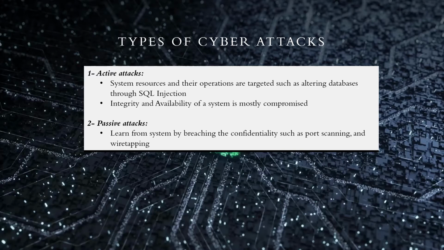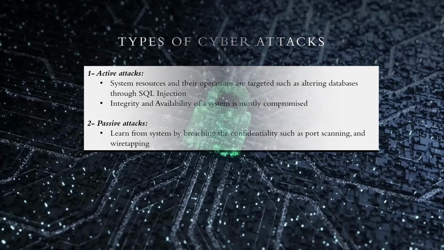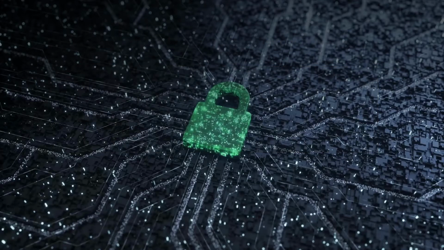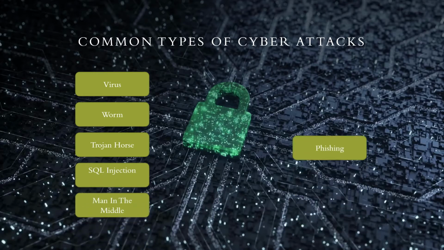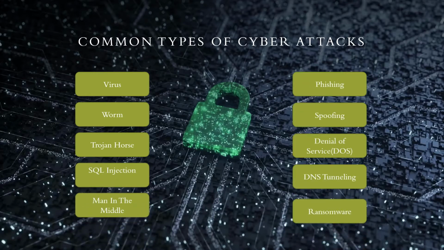However, in passive attacks, hackers try to learn from the system by breaching the confidentiality of the system, such as port scanning and wiretapping. The most common types of attacks include viruses, worms, Trojan horses, SQL injection, man-in-the-middle, phishing, spoofing, denial of service, DNS tunneling, and ransomware.